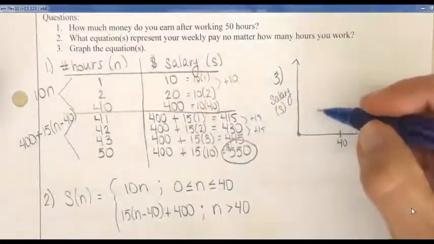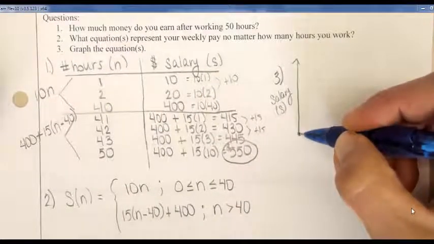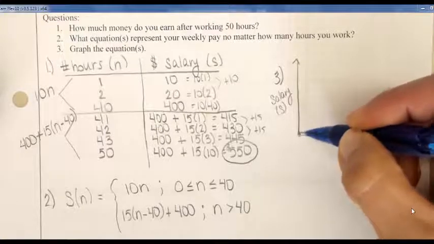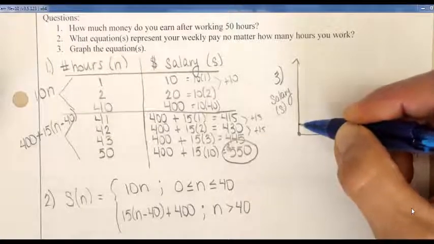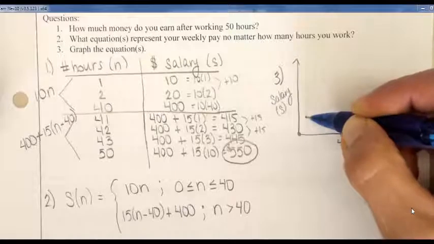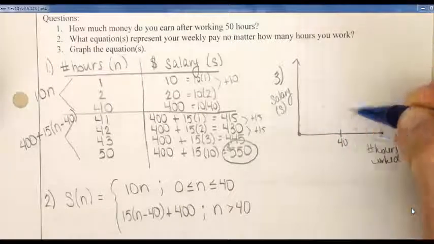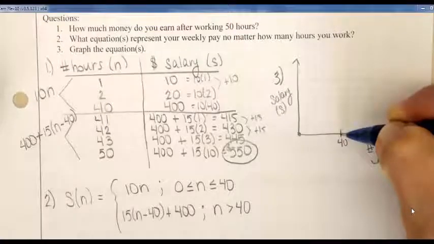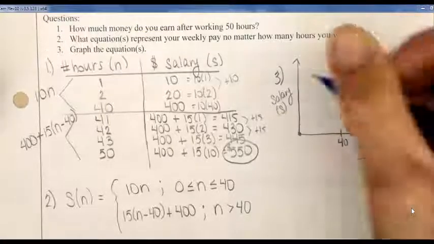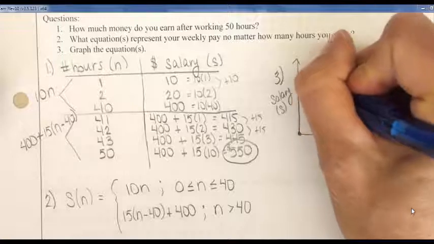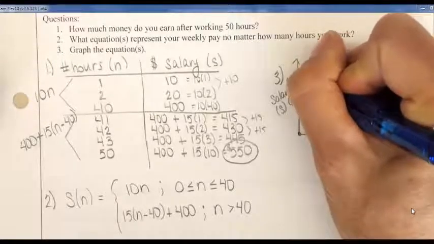Okay, so every time that I work an hour, I go up $10, right? I earn $10 for every hour I work. And I can keep doing this, right? Until I get up at 40 hours, I'm going to be at $400. Okay, so I'm just going to roughly put, how about I put it up here?